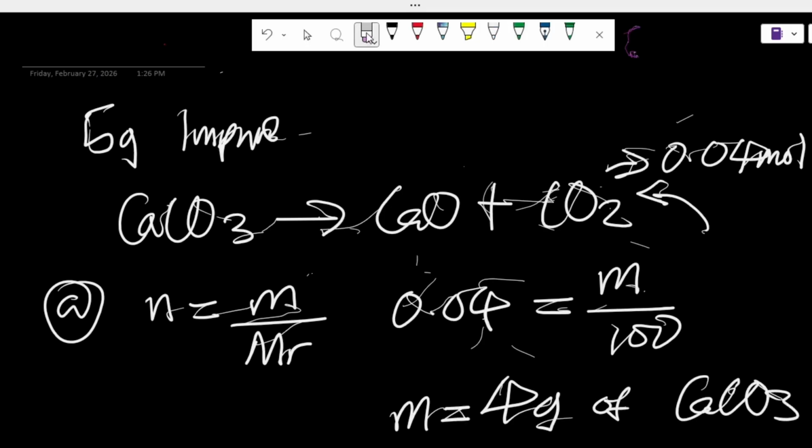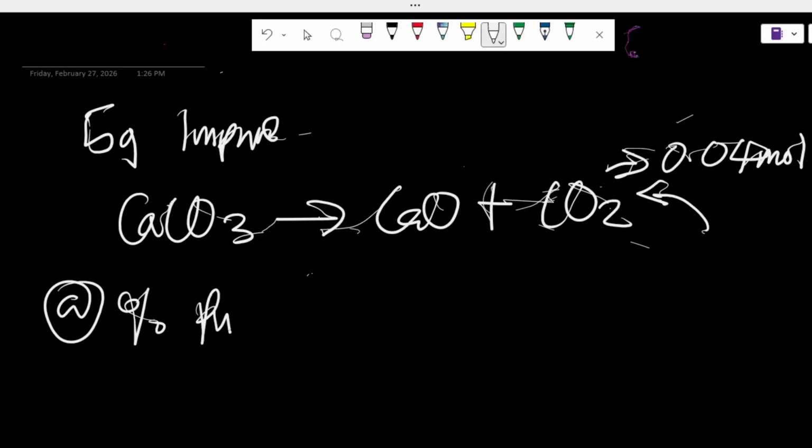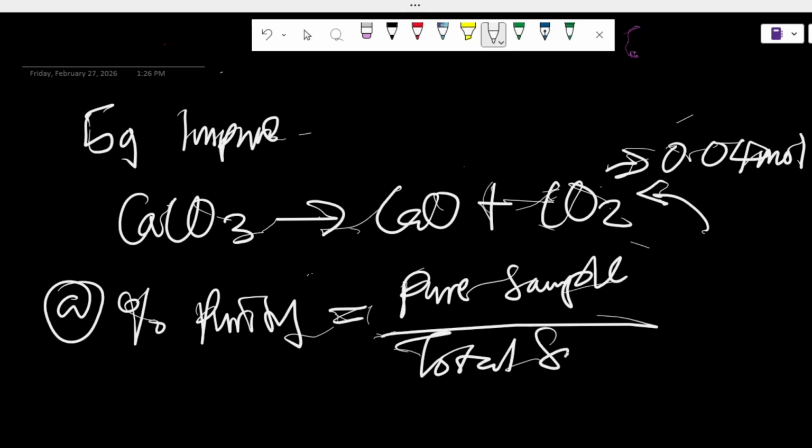Now, the last question on this one is find the percentage purity. When you're talking about the percentage purity, you're talking about the pure sample over the total substance or sample, multiplied by 100%.